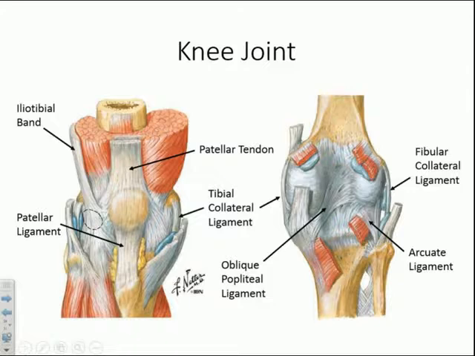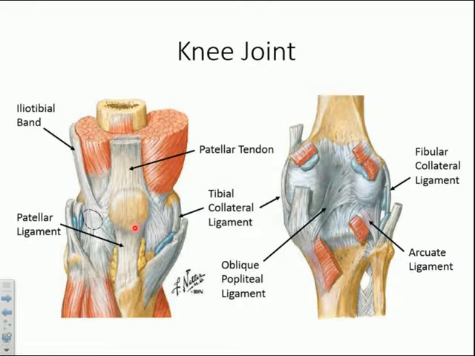First, observe the iliotibial band. So this is a thickening of the fascia lata on the lateral aspect of the leg, which, as we learned previously, accommodates the gluteus maximus and tensor fascia lata muscle. This represents its inferior insertion point onto a region of the tibia known as Gerdy's tubercle, and demonstrates how contraction of the gluteus maximus and tensor fascia lata can contribute to tension and stabilization of the knee.